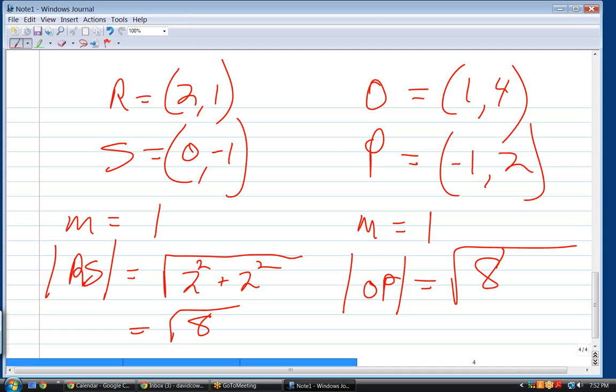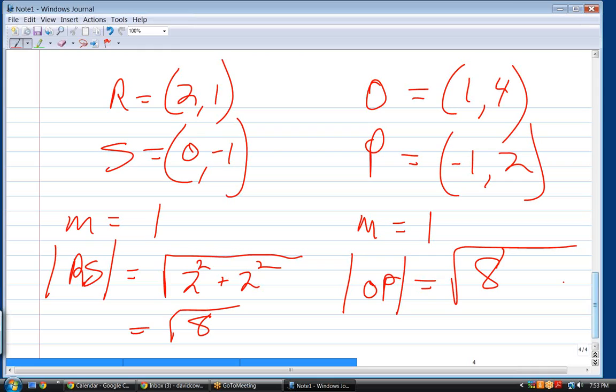Prove that RS is the same as OP? Prove that they're equivalent. That's probably a better term, because clearly they're not exactly the same, but they're equivalent.